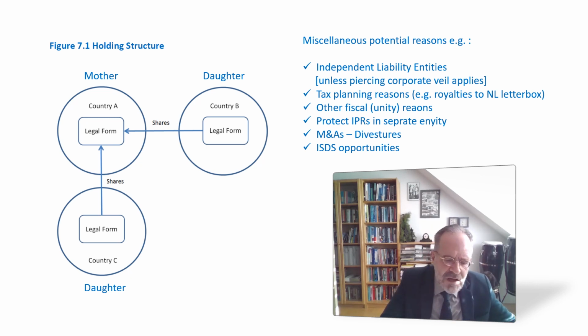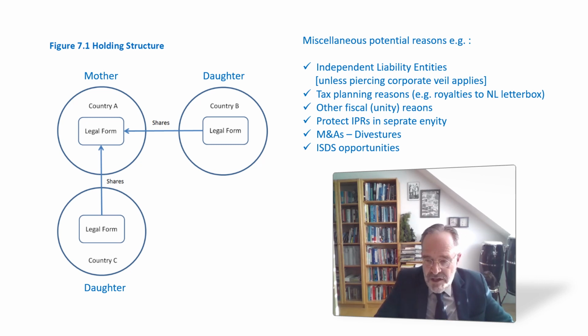Now, in some jurisdictions, under certain circumstances, that so-called corporate veil is pierced. And if the corporate veil is pierced, that means that the mother company is held liable for the activities or the debts of a daughter company.